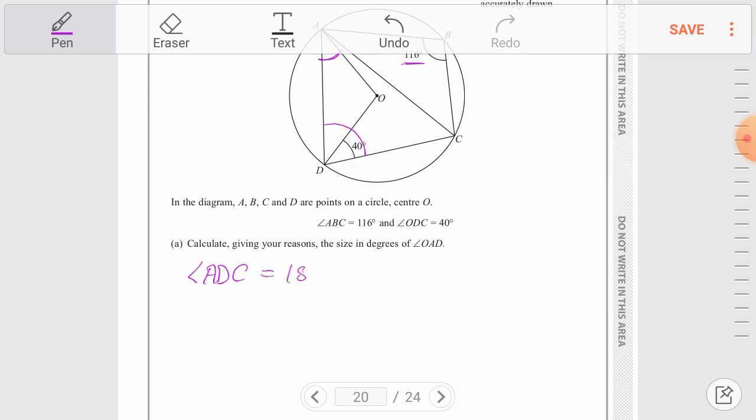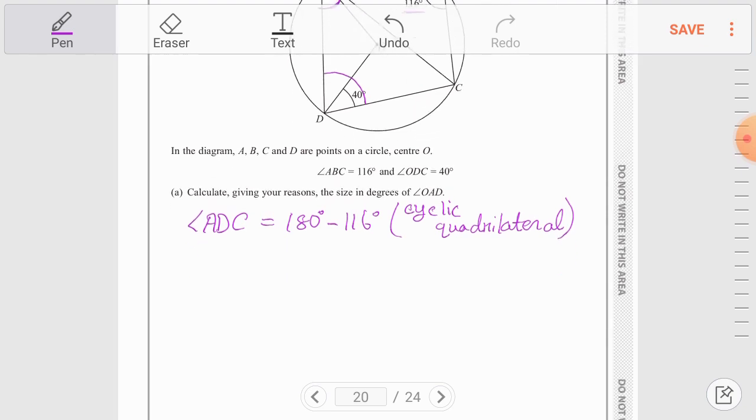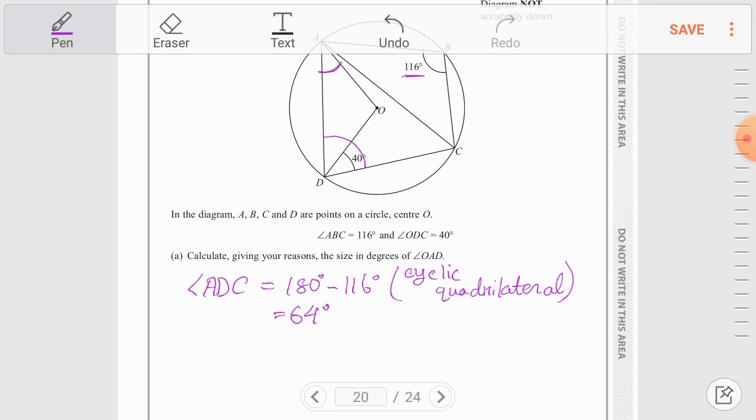So 180 degrees minus 116 degrees, because we are using this, and the reason is cyclic quadrilateral. And if you subtract 116 from 180, you get 64 degrees. So that's the angle of ADC.